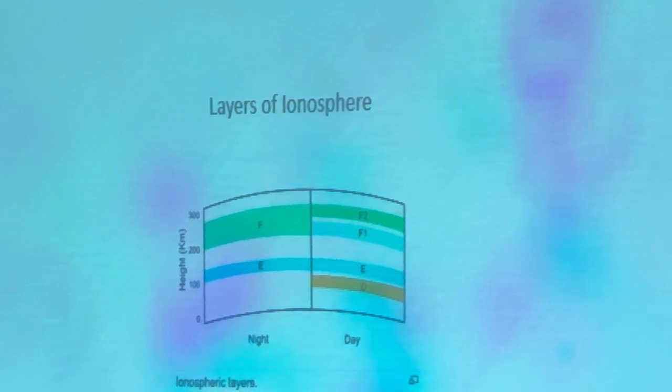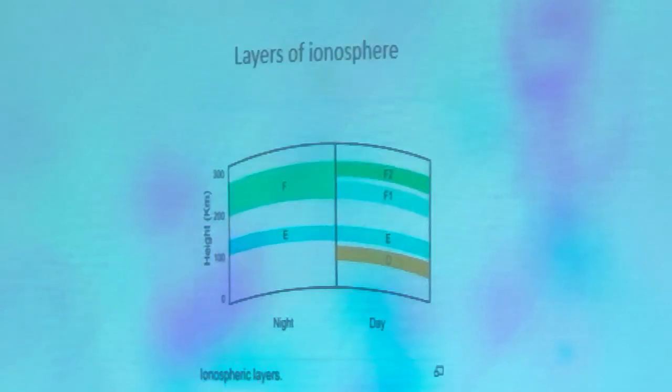this particular band. Now the higher frequencies will go through this layer and will not be reflected by it. Now in this E layer, we have what we call the sporadic E layer.